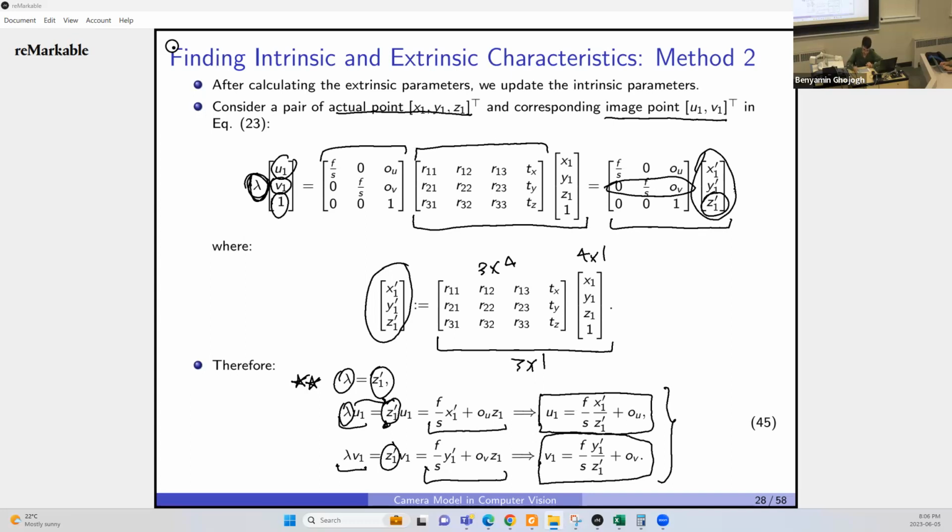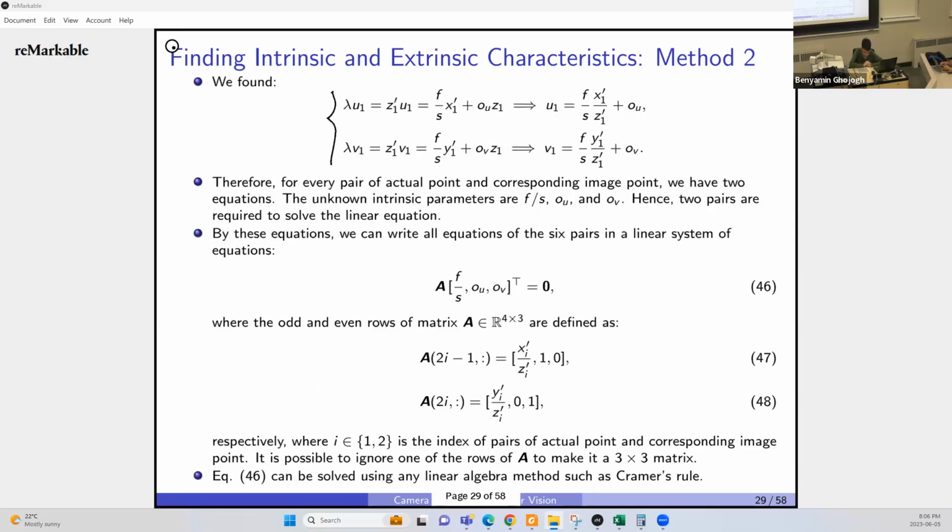So we found these, I'm repeating them. Therefore, for every pair of actual point and corresponding image point or image pixel, we have two equations. The unknown intrinsic parameters are what? F over S, OU and OV. The rest of the terms in the intrinsic matrix are 0 and 1, constants.